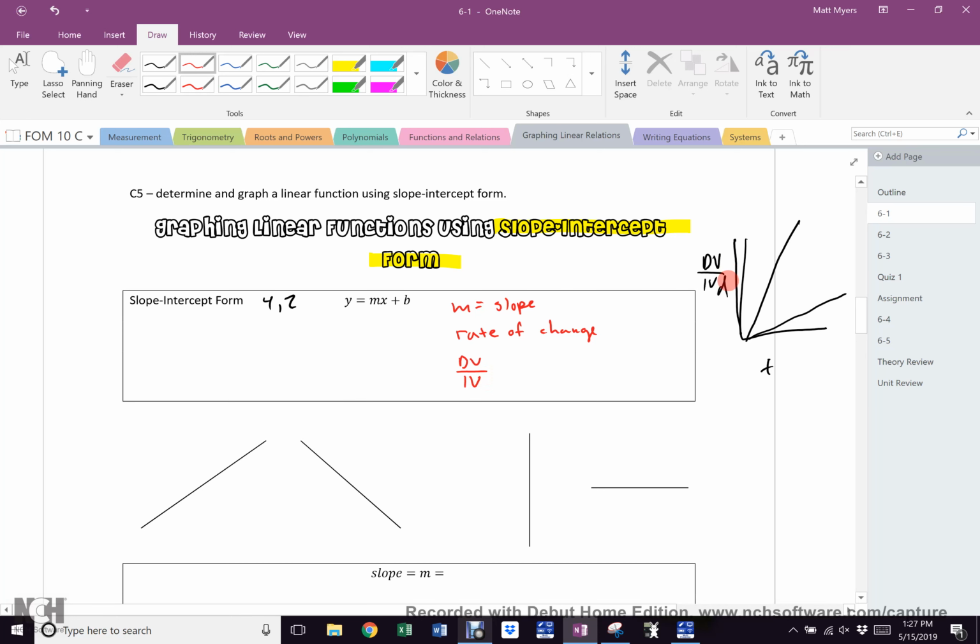Because that's what we did here. We went up and over. Everybody cool? So really what slope is the change. A triangle is the Greek letter delta. And in science and math, it means a change. So it's the change in the dv divided by the change in the iv. Now, on a graph, is there dv and iv?